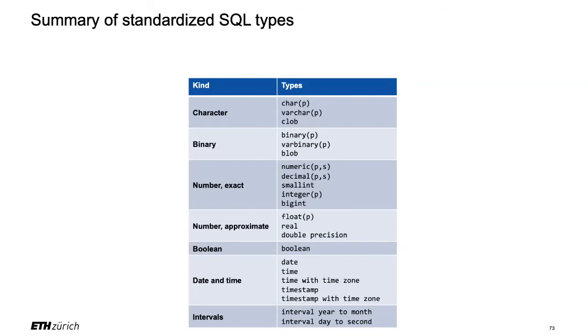I try to insist on the standard ones: binary, var binary, blob, numeric, decimal, small int, integer, big int, remember, depending on the 32, 64, float, real and double precision, the equivalent of float and double in programming languages, booleans, date, time with time zone, timestamp, timestamp with time zone. And typically for intervals, there are two that are very popular. It's year to month, and it's day to seconds that are the most common ones.